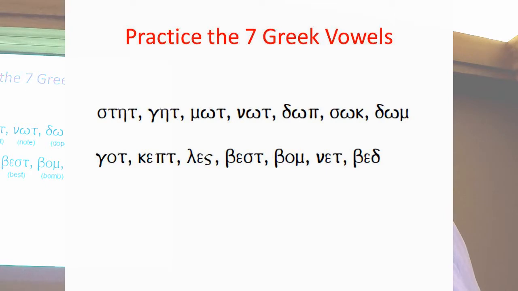Bomb. It's maybe not correct, but at least it's fun, huh? What's the next word? Epsilon. Net. It's just like it looks. Yeah, it's very similar.